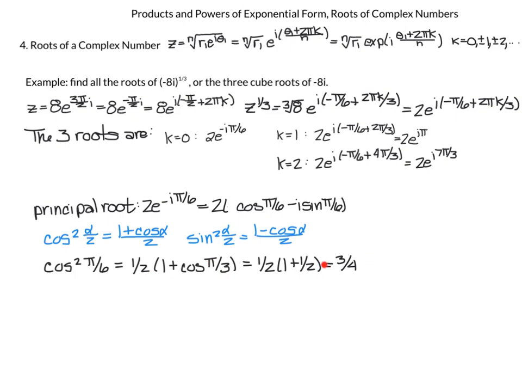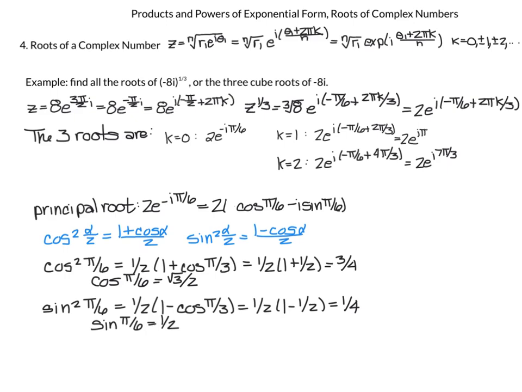Doing the calculation, what I get is 3/4. So then cosine is going to be, this is cosine squared, so cosine of pi over 6 is going to be square root of 3 over 2. Similarly, sine squared of pi over 6 will be equal to 1/4, which means sine of pi over 6 equals 1/2.